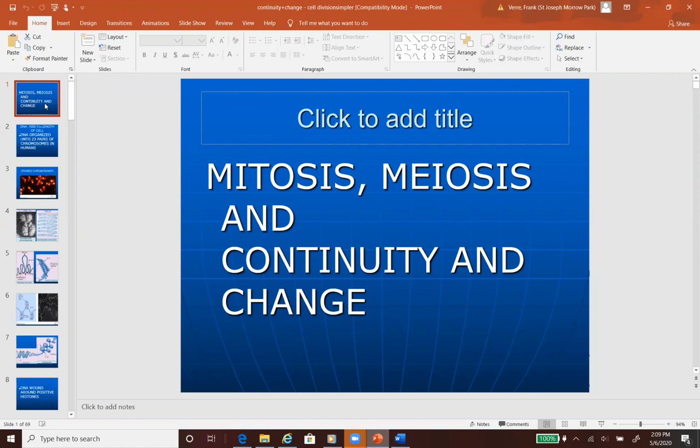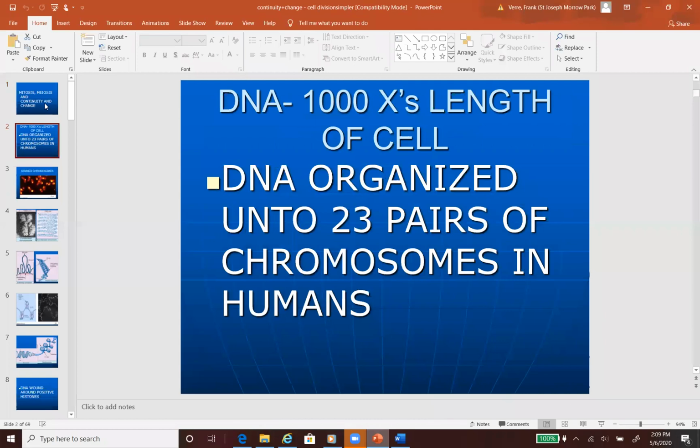The big idea in cell division is we have to ensure that we copy all of the DNA. If you remember, the DNA is the programming, the set of instructions in the nucleus of a cell that allows a cell to carry out, execute its functions.